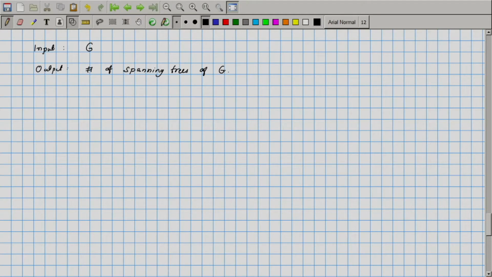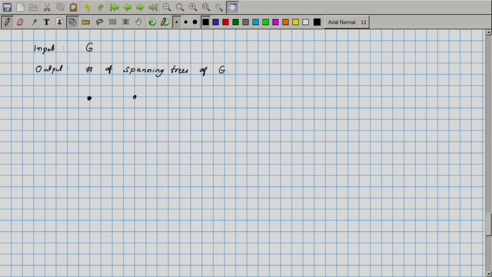If it is connected, we can say that it contains a spanning tree, or if we just assume that the input graph is connected, we know that trivially it is going to have a spanning tree. So, the decision problem associated with it is a very simple problem, it can be solved trivially in polynomial time, but what about the counting problem? Can we estimate or find out the number of spanning trees in a given graph?